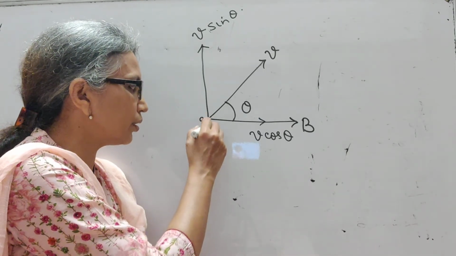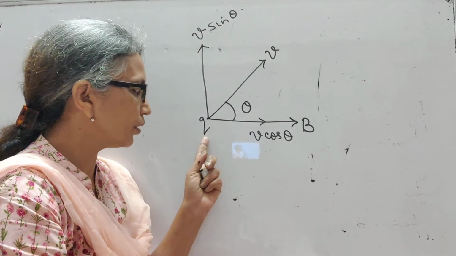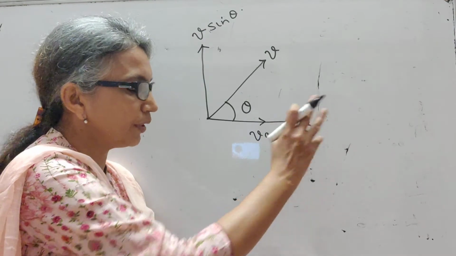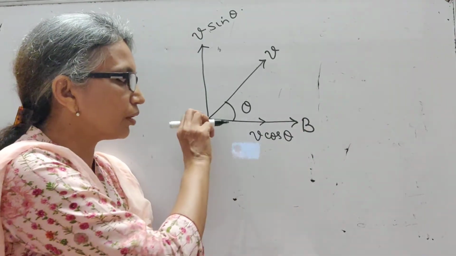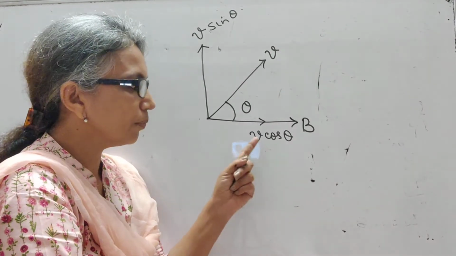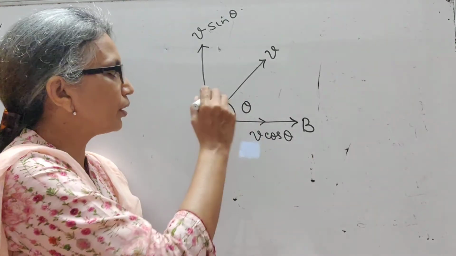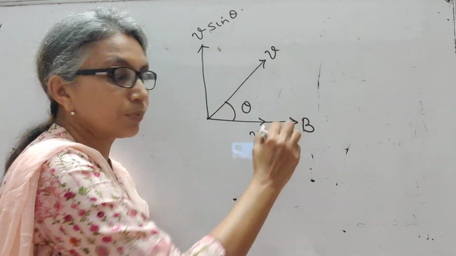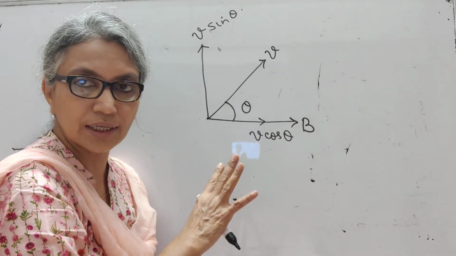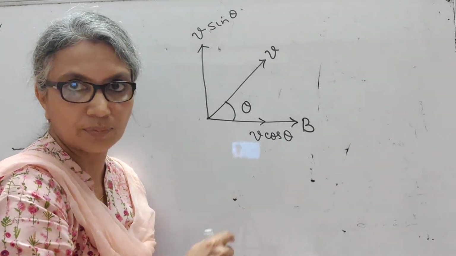So your particle is moving like this, the magnetic field is in this direction. This particle does not experience any force because of this component, because this component and B are parallel to each other. So your particle will continue to move in the same direction without any deflection, but with this component of velocity V cos theta. But V sin theta is perpendicular to B, which is the case that we just discussed. There also maximum force is acting on it, no work done, but it will put the particle into circular motion.